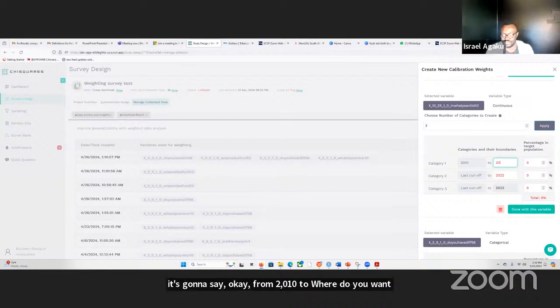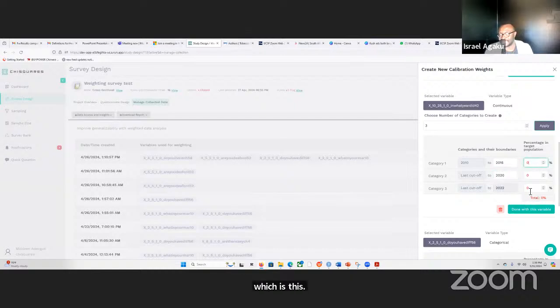Let's say 2000 to 2015. And then from the last cutoff, which is from here to, what's the next value? Next value I might say is 2020. And then from the last cutoff, which is this, to this. And then I will provide the different percentages in the population, right?